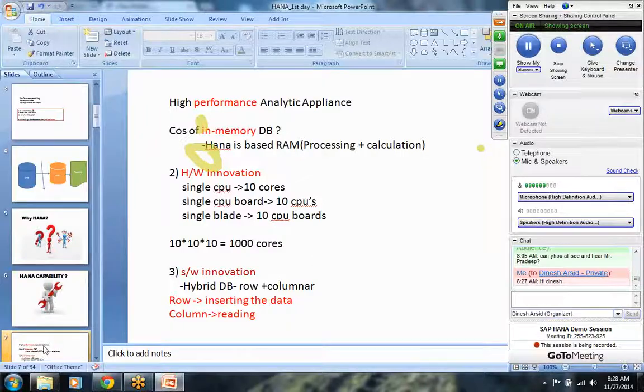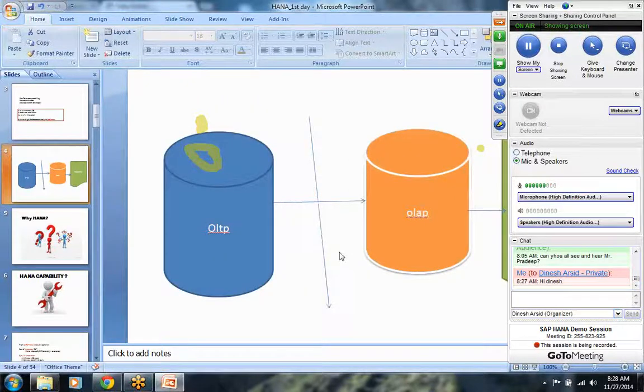In software innovation, it is called hybrid database technology because it supports both columnar structure and row structure. So the columnar is used for reading. If you see our ECC system or SAP system, it uses tables. Here, I was saying I'm going to use ETL tool to extract the data. What is ETL? Extract, transform, load.